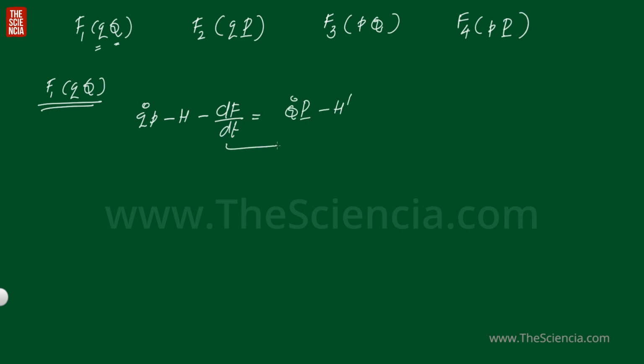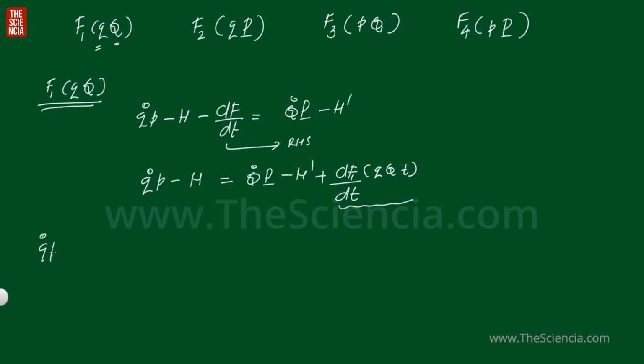Here I am taking this function to the RHS of this equation. So I can rewrite this equation as q dot p minus h equal to q dot p minus h prime plus df by dt. And here this function is f1, and this is a function of q, capital Q and t. So I can expand this function. So what we get?